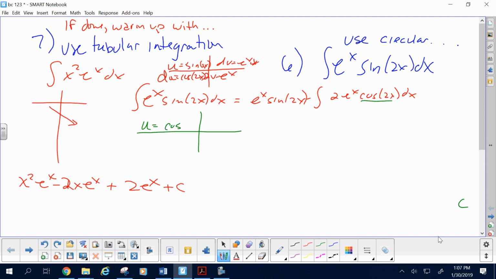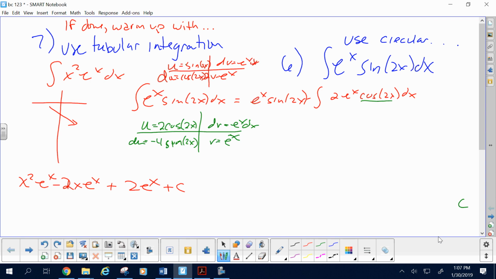Did you put the 2 in with the e or the cosine? Cosine, okay. Or factor it out front. Either way, just be careful. If you put it in with the cosine, then du is negative 4 cosine of 2x, and dv is e to the x, and v is e to the x.